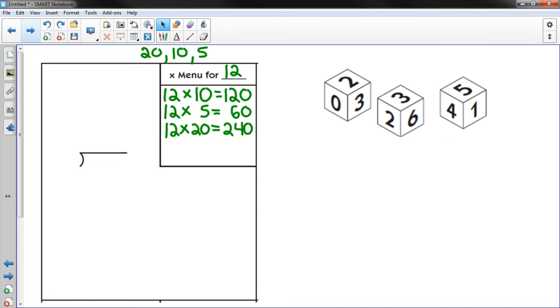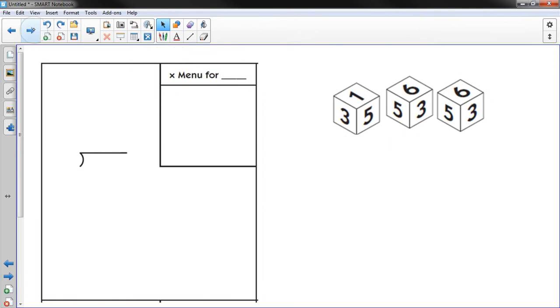And the other player will do the same thing because you're working with the same problems. So the other player will have their multiplication menu as well, and they will do the same thing.